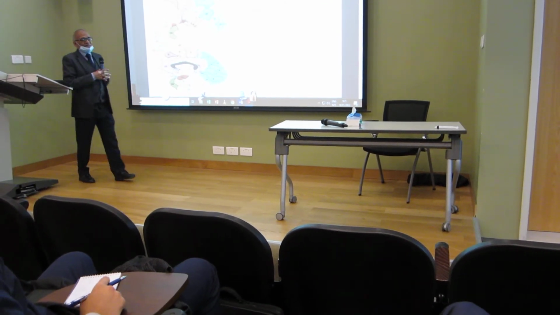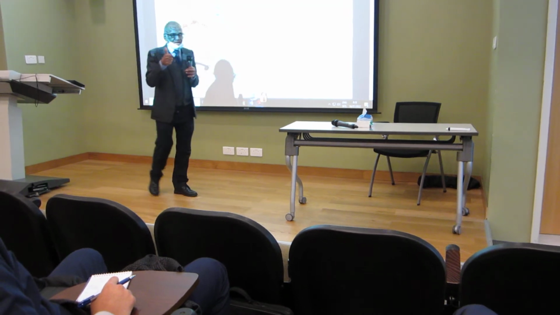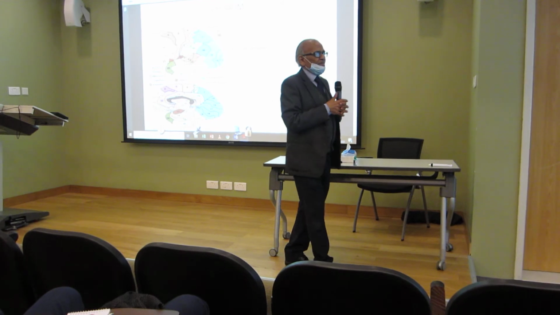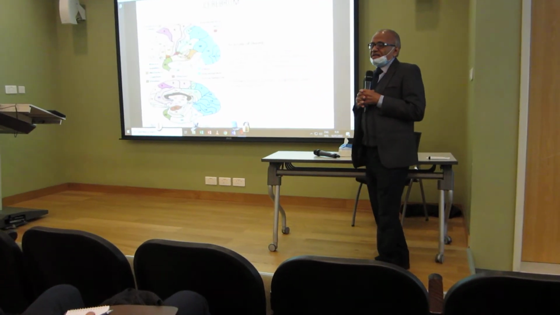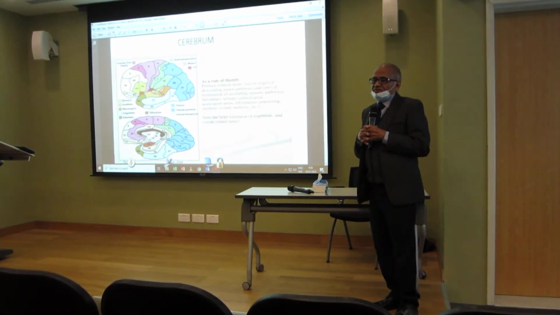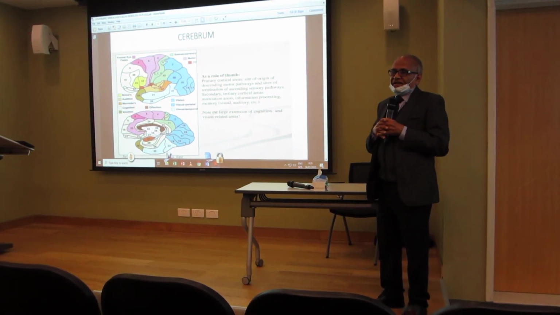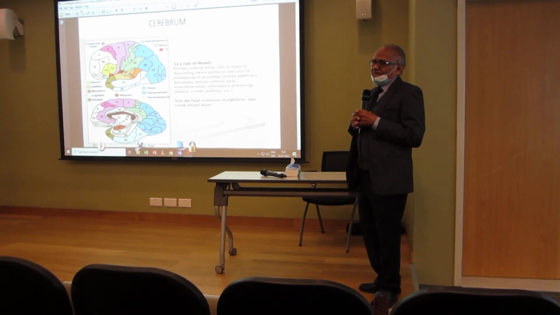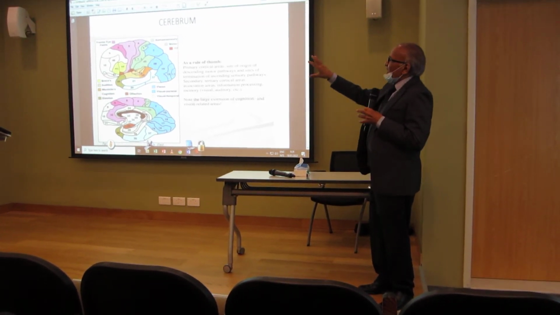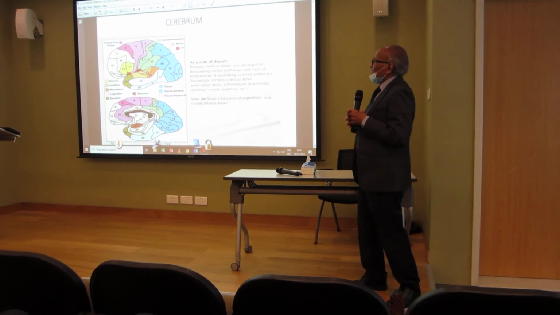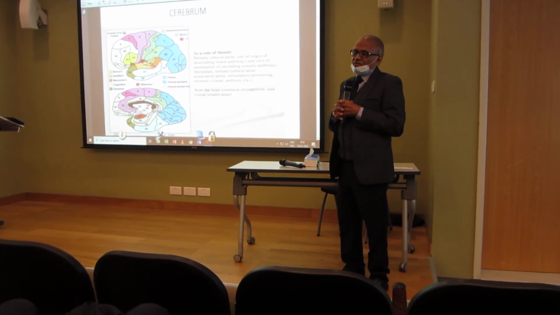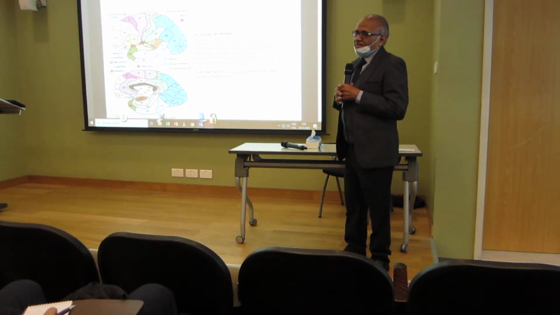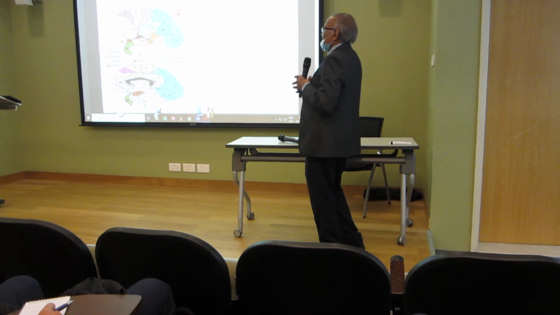Back to the cerebrum, this is a rule of thumb. This is our highest controlling center. Many aspects we have studied, starting from some salient sulci and gyri, areas, Brodmann numberings. If you recall, for example, areas 4 and 6 are the main motor areas. Similarly, the postcentral gyri are the somatosensory areas.